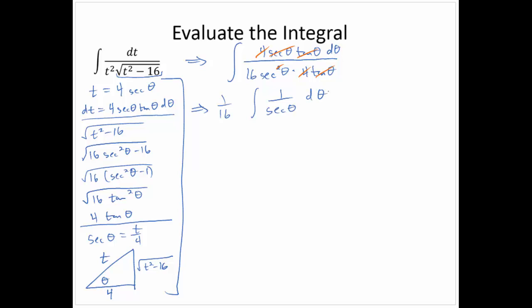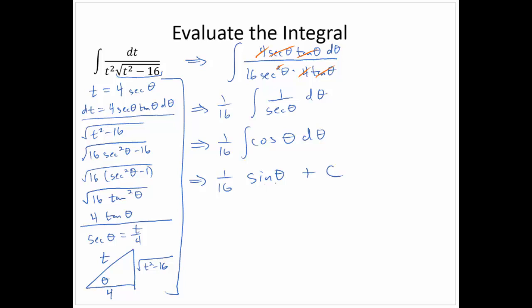Oh, we haven't seen one like this before. But wait a second, from trigonometry, the reciprocal of secant theta is just cosine theta. And the integral of cosine theta is sine theta, and then plus a constant. All right, so now going back, we need to substitute back to put this in terms of t.